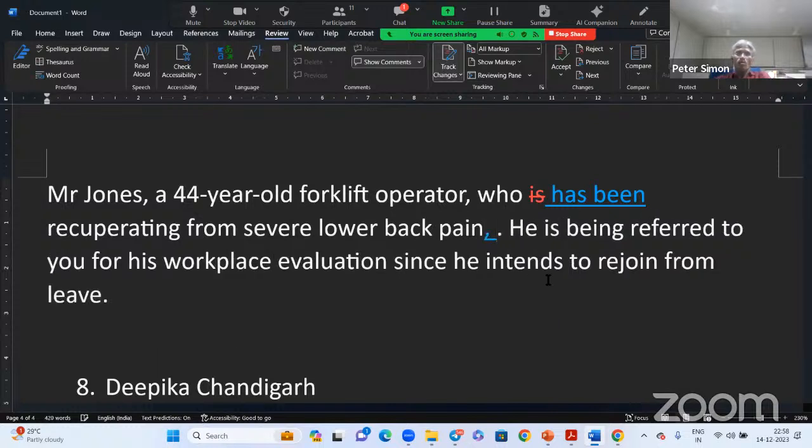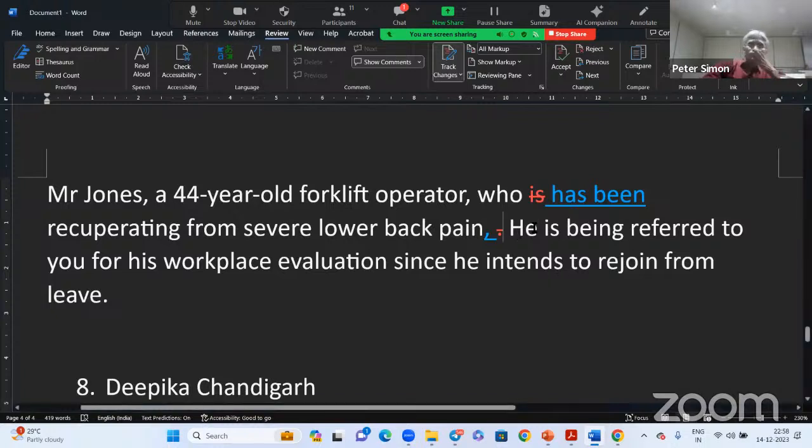So if you want to put a full stop, then you remove the comma there because there is no continuity. We don't know whether it is referred or not.